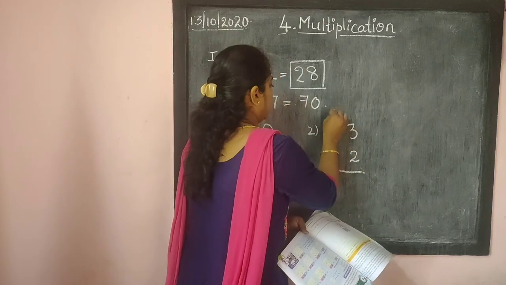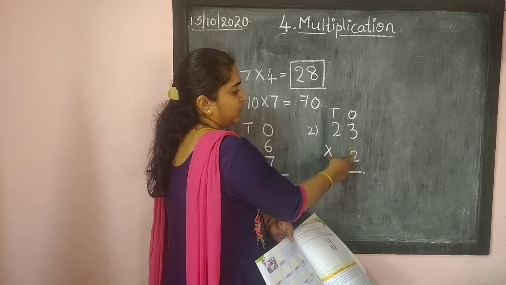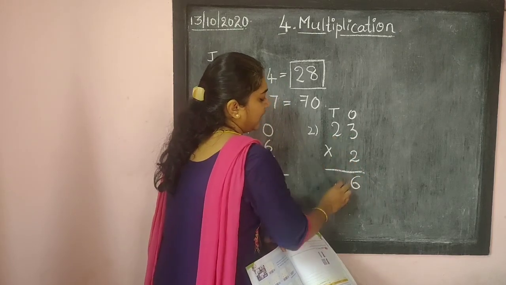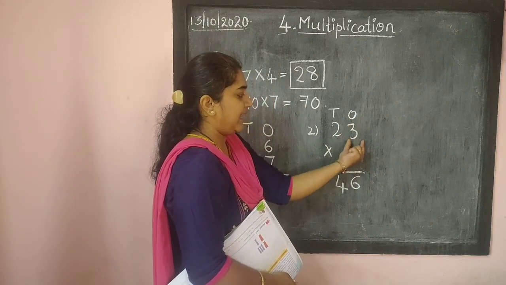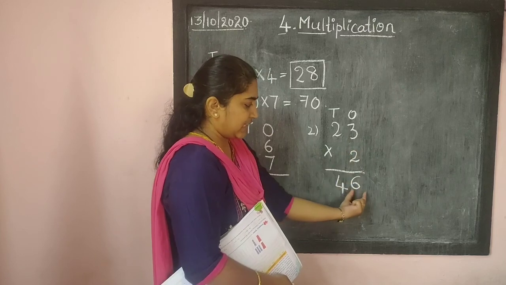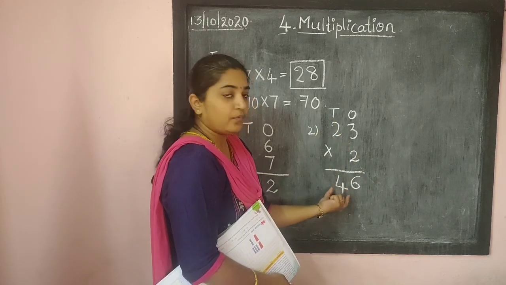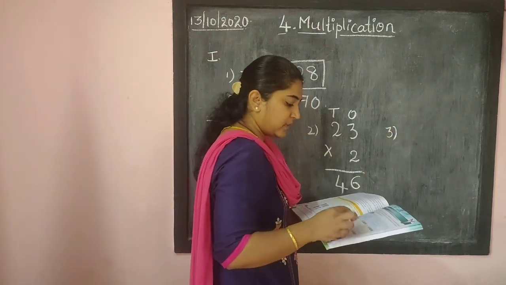See, this has tens and ones. First you have to do the ones place. 2 3s are 6. And after that the tens place. 2 2s are 4.